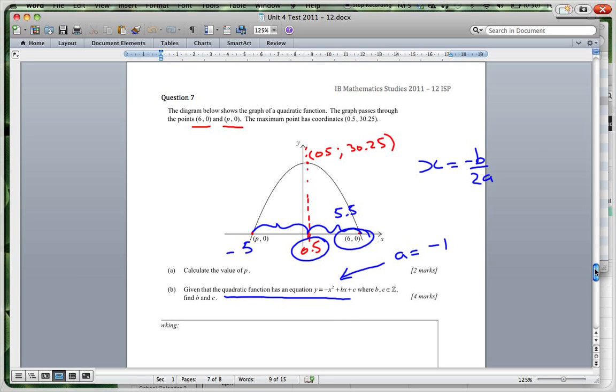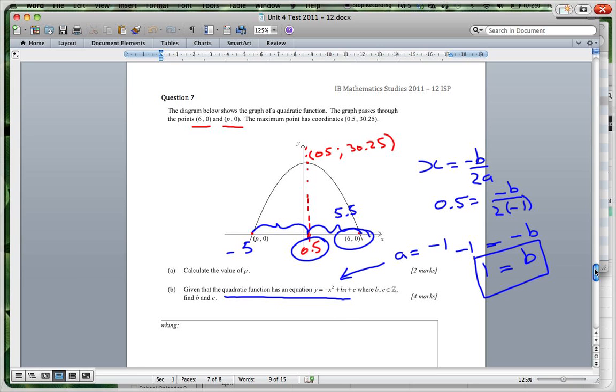So if I put it in here, my axis of symmetry 0.5 is equal to minus b over 2 times negative 1. 2 times negative 1 is negative 2, so when I multiply, I get negative 1 is equal to negative b. Therefore, b is equal to 1. Okay? Does that make sense? Right? b is equal to 1.